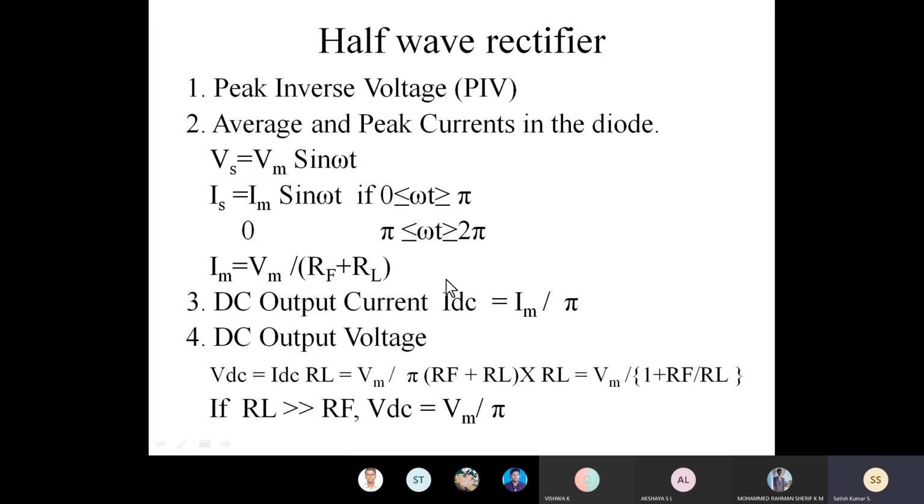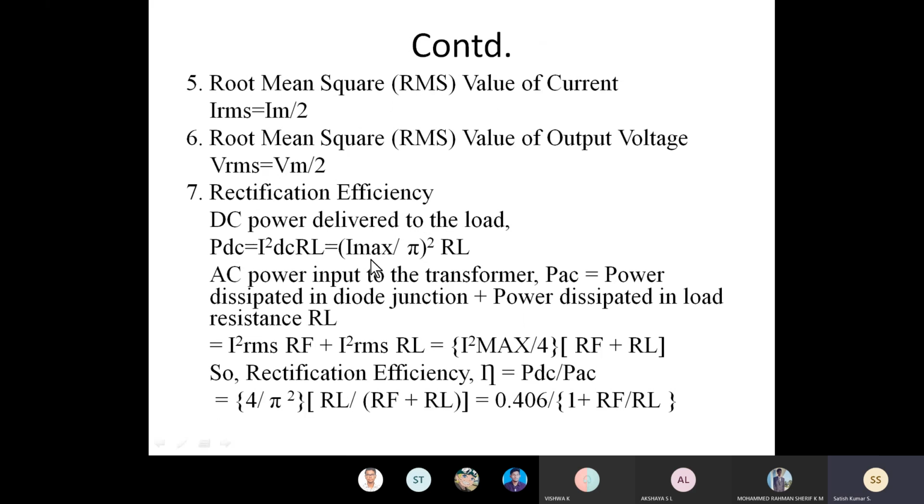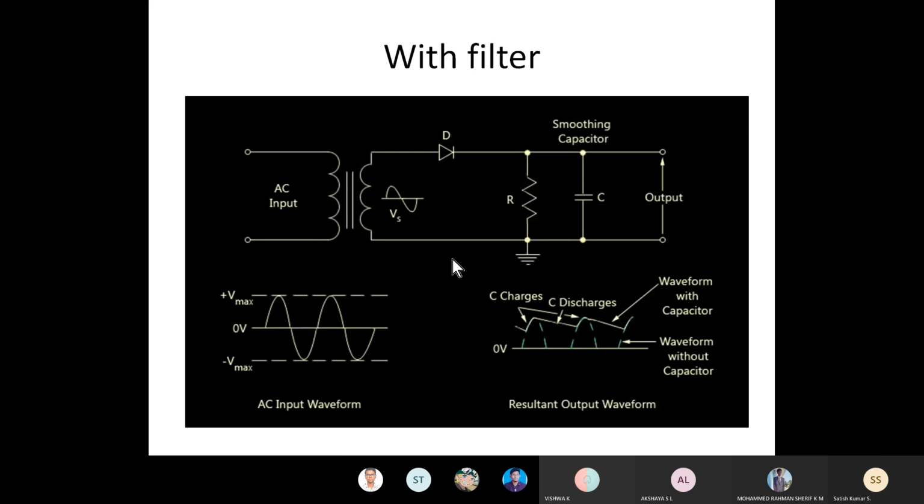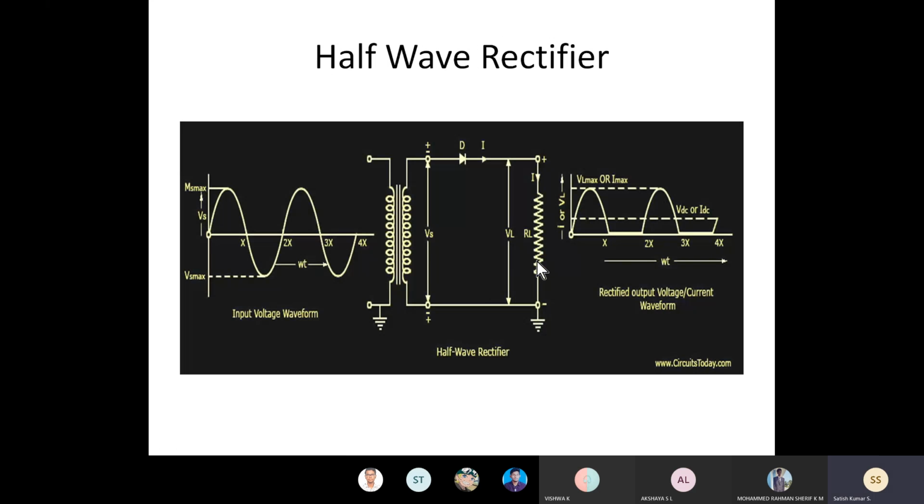So I square DC means IM square divided by pi square. This is the output power, that's what I mentioned here: I maximum divided by pi whole square into RL. What is RL here, sir? Which one is RL in our circuit?